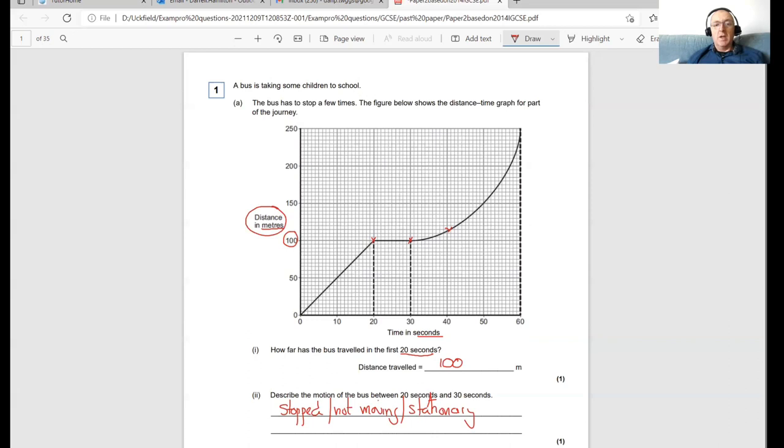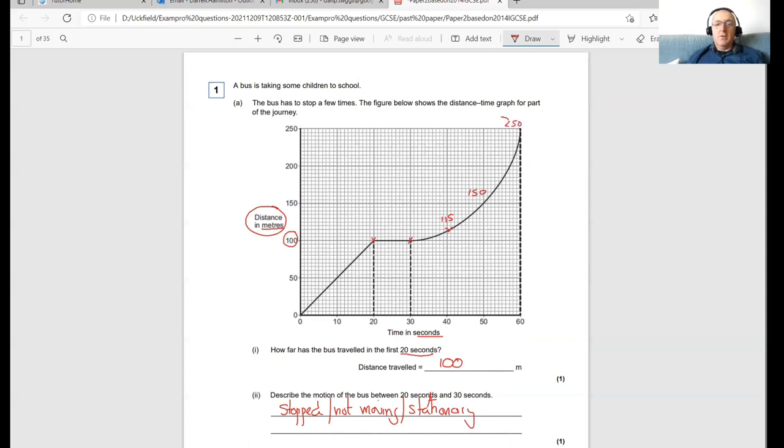So each of these squares then is 5 meters because 10 of them is 50. So there's 115 meters, 1, 2, 3. That's 115. And then at 50 seconds, that's easy, that's 150. And at 60 seconds is 250.